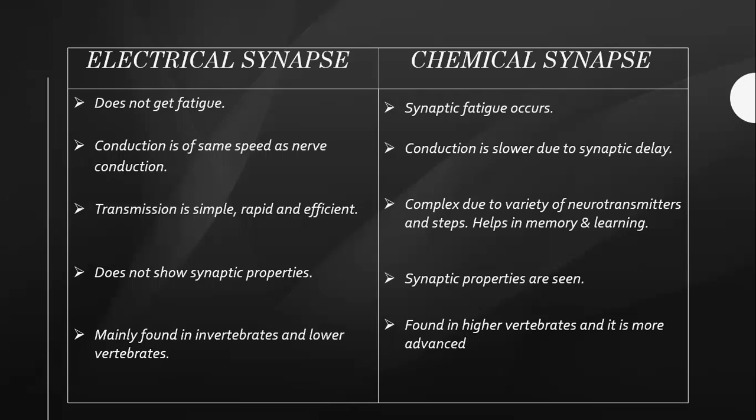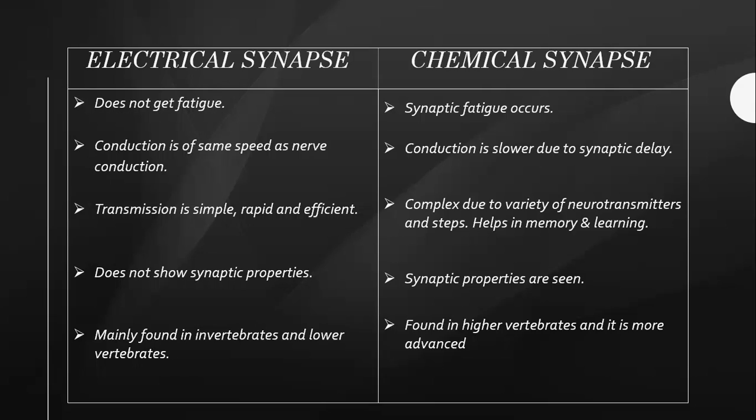Electrical synapse does not get fatigue, but chemical synapse has synaptic fatigue. Conduction is of same speed as nerve conduction in the case of electrical synapse, whereas conduction is slower due to synaptic delay in chemical synapse.